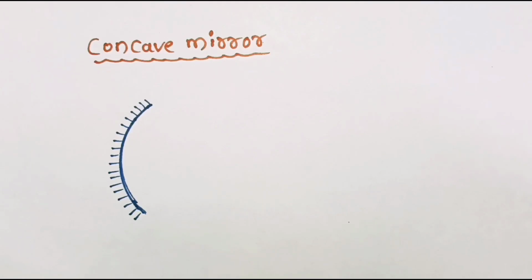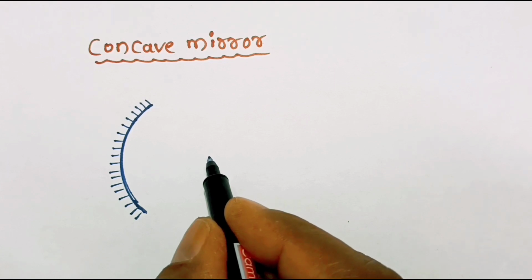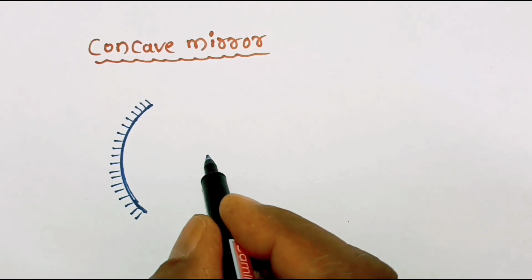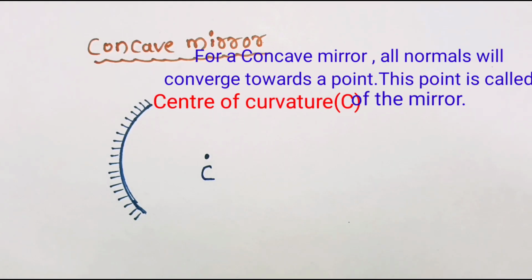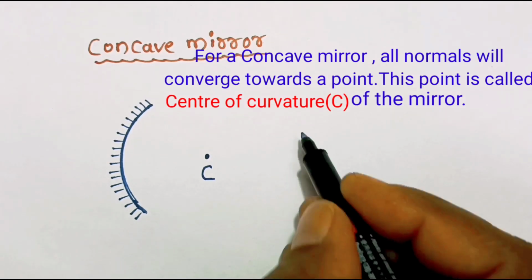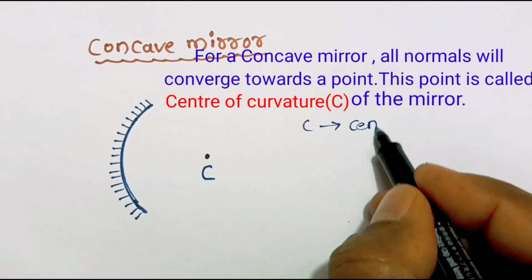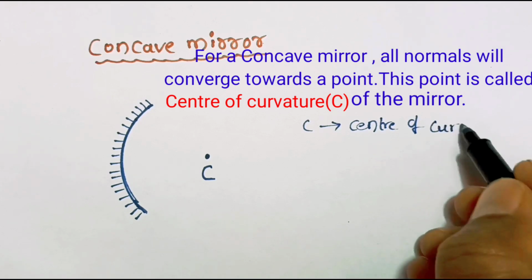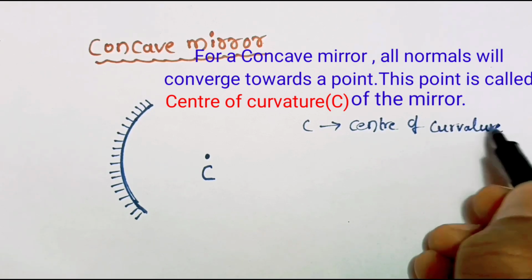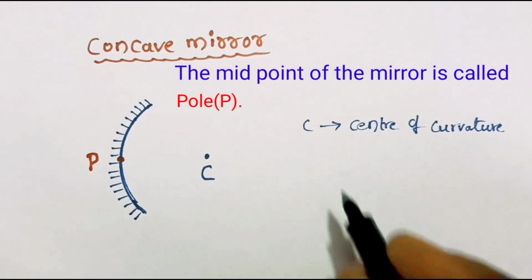Now, let us learn about curved mirrors and also apply the first law of reflection. First, let me explain the concave mirror. For a concave mirror, all normals will converge towards a point. This point is called the center of curvature. The midpoint of the mirror is called the pole.